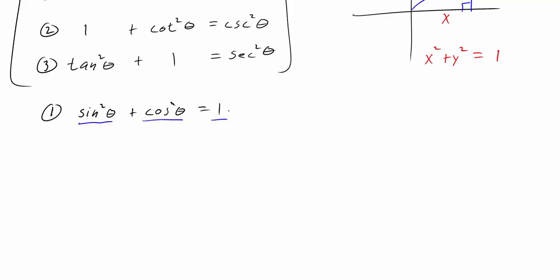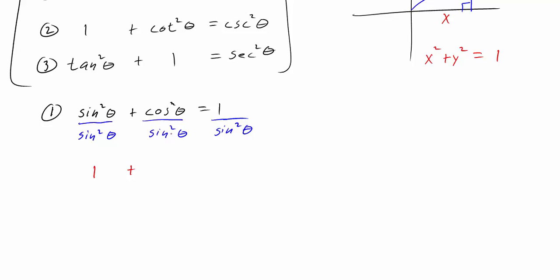We're not going to change anything. So if I divide both sides of the equation by sine squared, what do we end up with? Well, sine squared divided by sine squared is 1, plus cosine squared over sine squared.